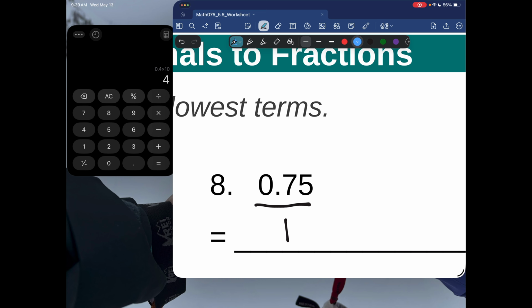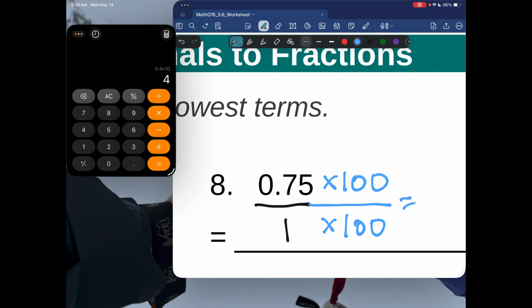So I'm going to multiply numerator and denominator by hundredths. .75 times 100 gives me 75 over 1 times 100 gives me 100.